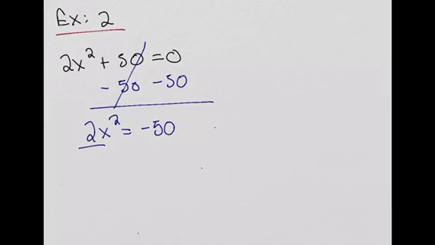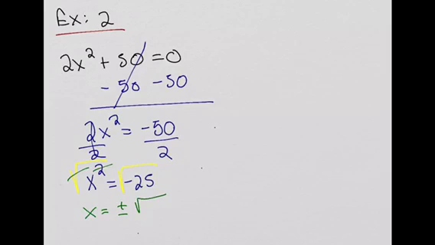Now I need to divide by 2. x squared equals negative 25. Now, in order to cancel the square, I'm going to square root both sides. This is where we use the square root method. So this cancels, and I am left with x equals plus or minus the square root of negative 25.